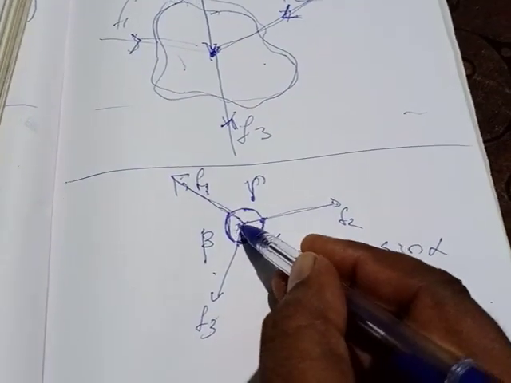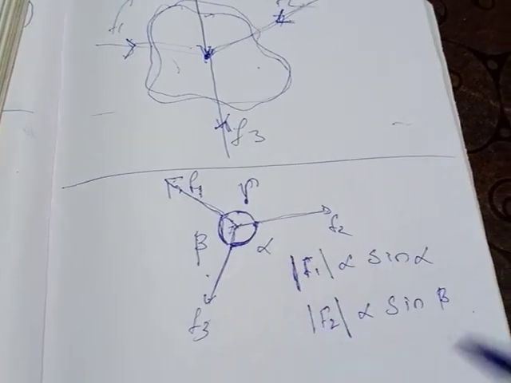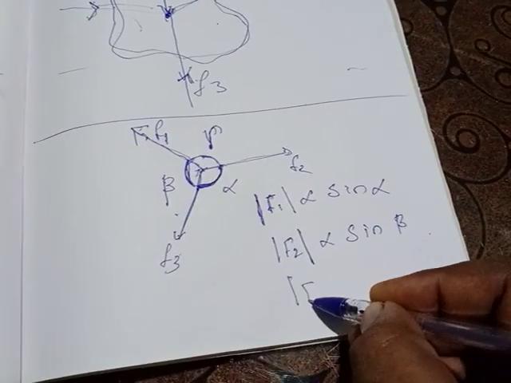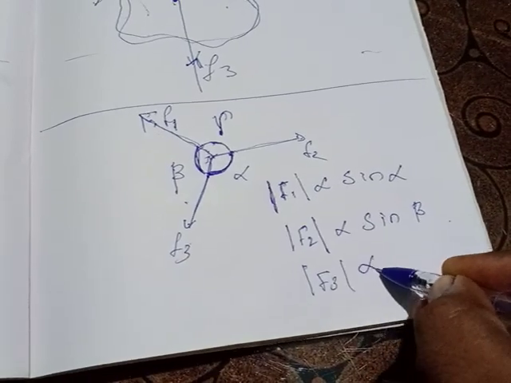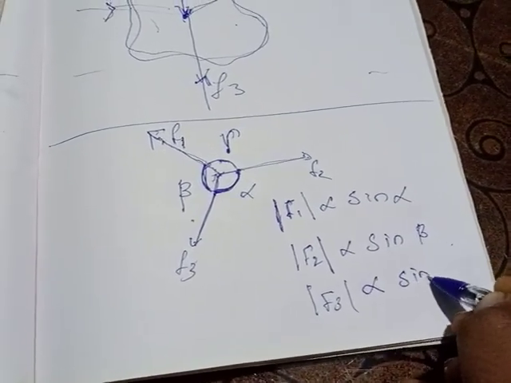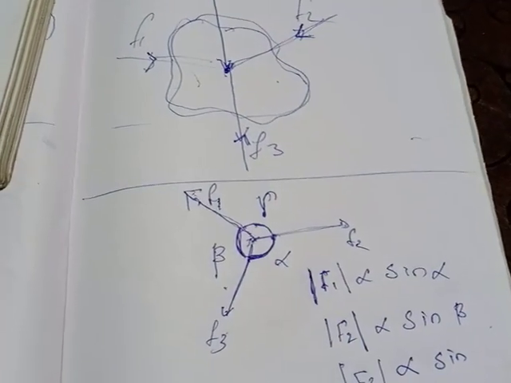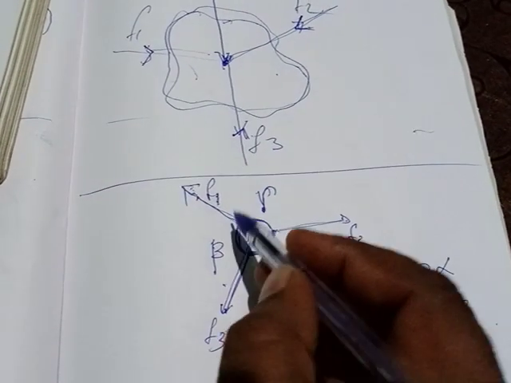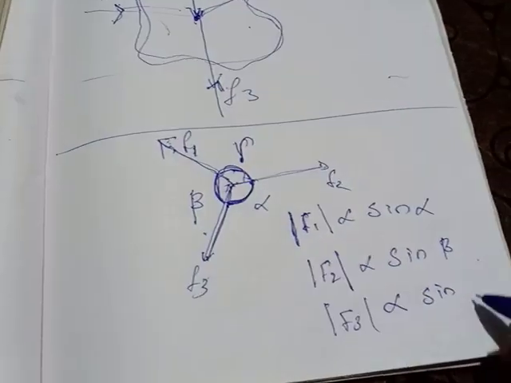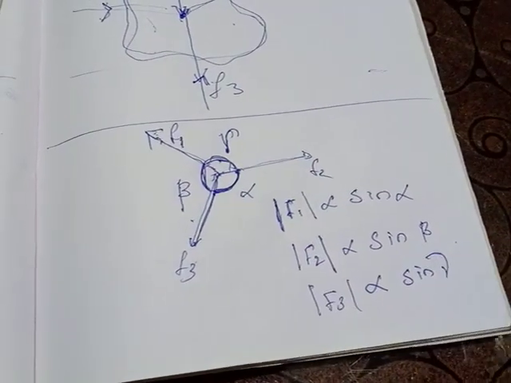If you are taking F3, the magnitude of F3 is proportional to the sine of the angle between the other two forces. For F3, this angle is gamma, so sine gamma.